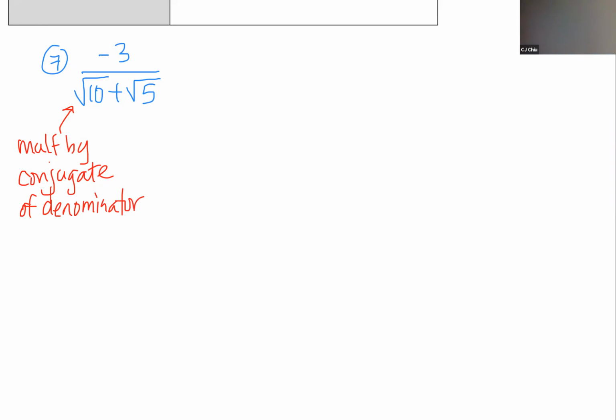So because the denominator is square root of 10 plus square root of 5, the conjugate would be square root of 10 minus square root of 5. And then you have to do it to the top. Okay. The numerators, you would just distribute. And then denominators, you would FOIL. Okay.